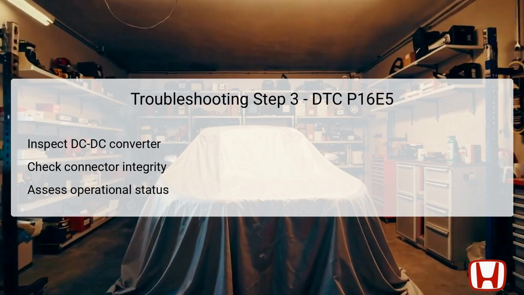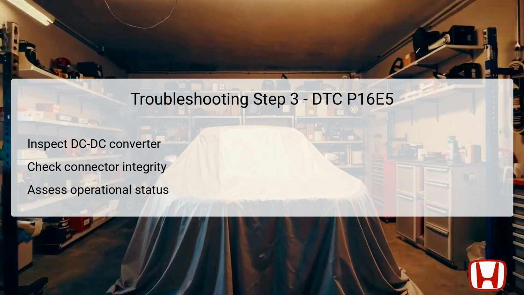Step 3 of the troubleshooting process necessitates a thorough inspection of the DC-DC converter itself. Since there is no direct way to test the converter, this step involves assessing the integrity of its connections and searching for visible defects. Start by examining the DC-DC converter connector for any looseness or corrosion that could impede proper function.